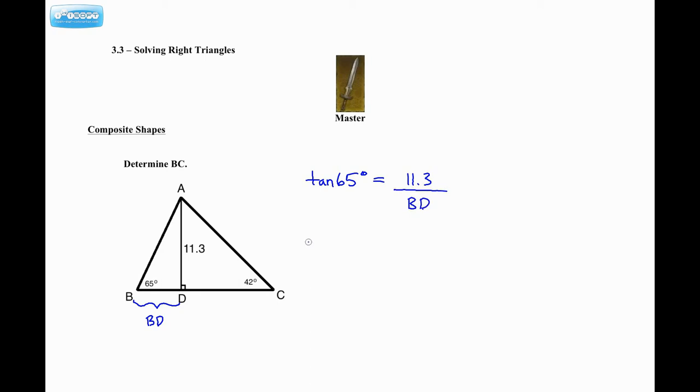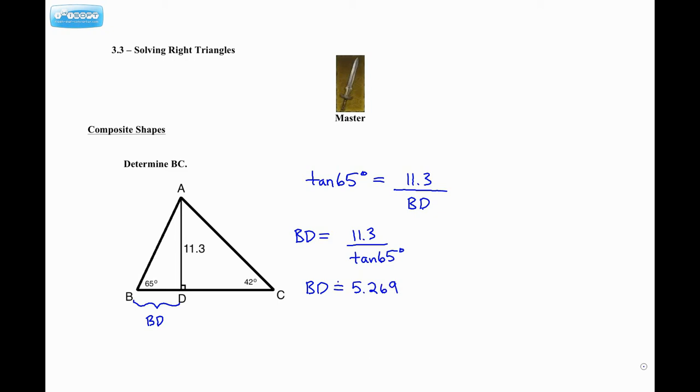Okay, so let's solve for BD. So that means that is 11.3 divided by tan 65. So work that out quickly. Alright, so BD is approximately 5.269. I'll go to the nearest thousandth.